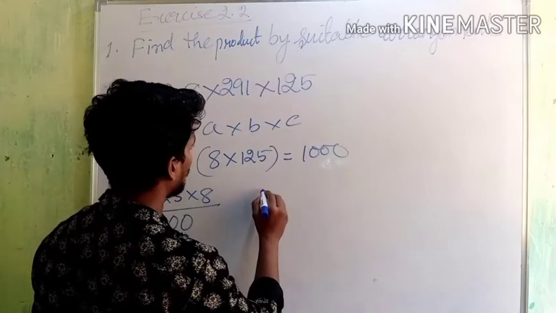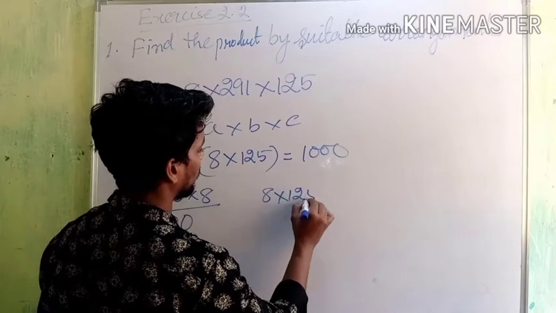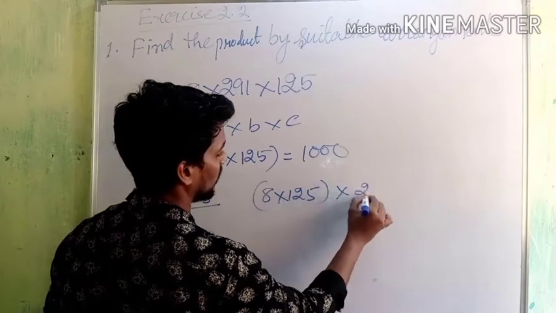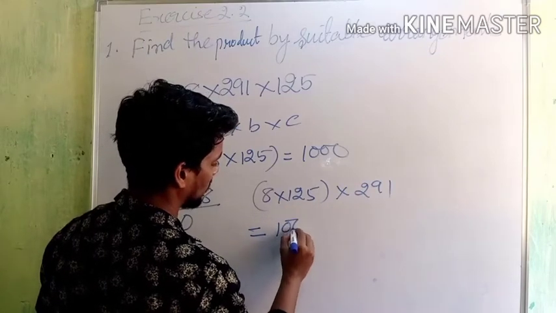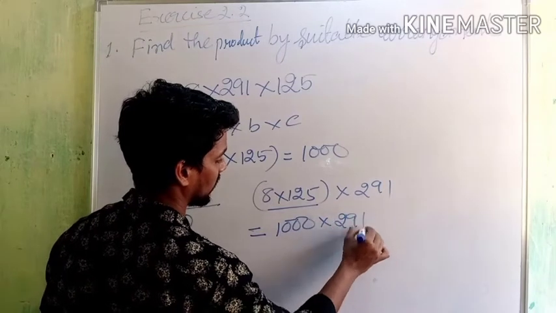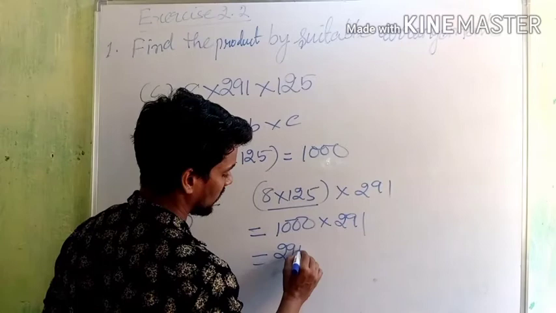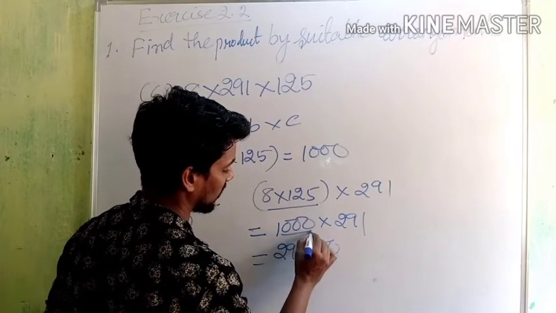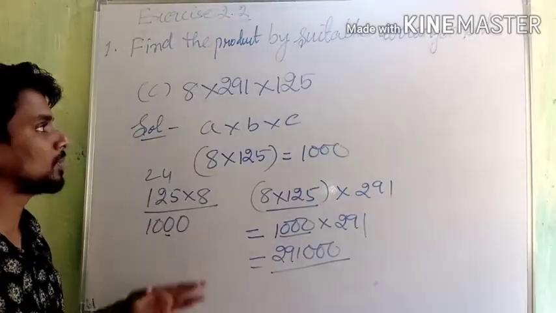Now I have 8 into 125 into 291, which is 1000 into 291. As I have already told, I simply have to write the zeros here. As many zeros as there are, I'll write them, and then I'll get the answer. This is the associative property at work.